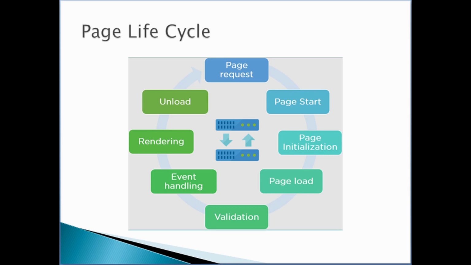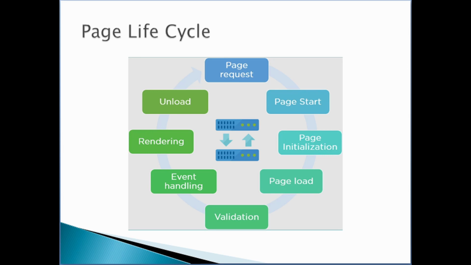Page load. So page load is when the page is actually loaded with all the default values. So if a text box is supposed to have a default value, that value is loaded during the page load time. Validation. Sometimes there can be some validation set on the form.